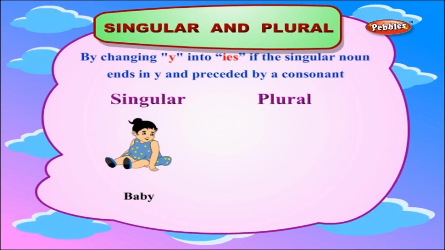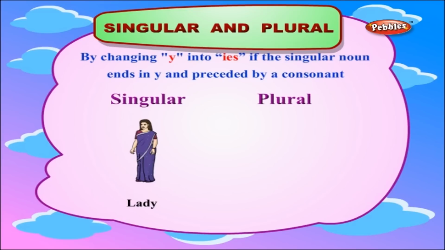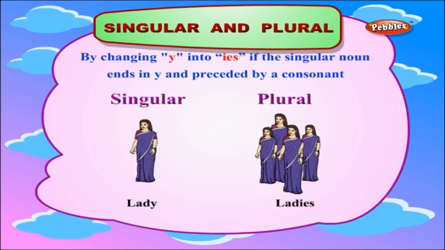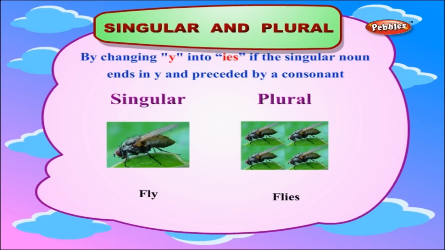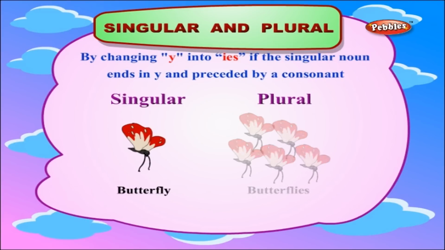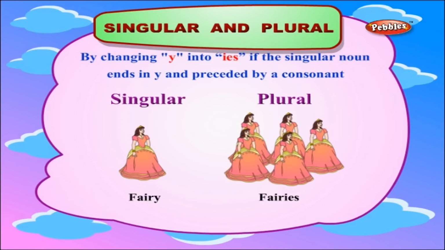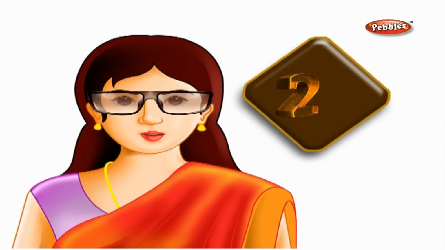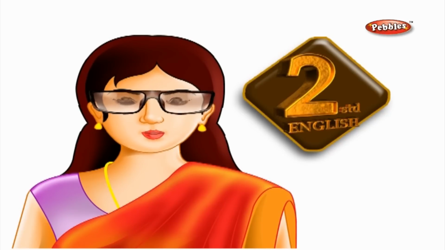Examples: baby, babies; lady, ladies; fly, flies; butterfly, butterflies; fairy, fairies. If the noun ends in f or fe, the plural is formed by changing f or fe into ves.